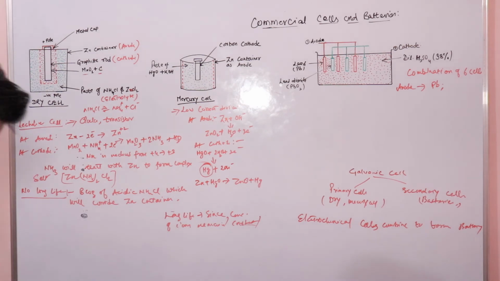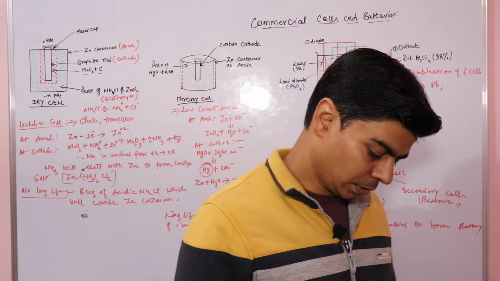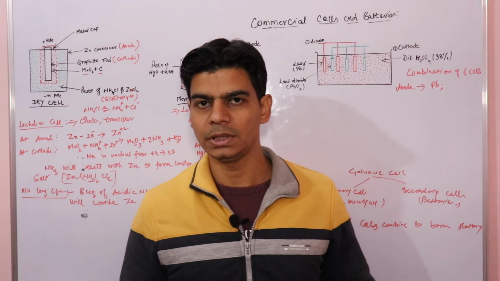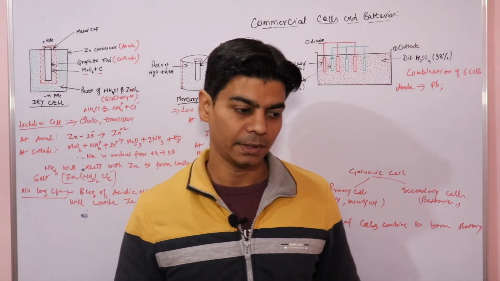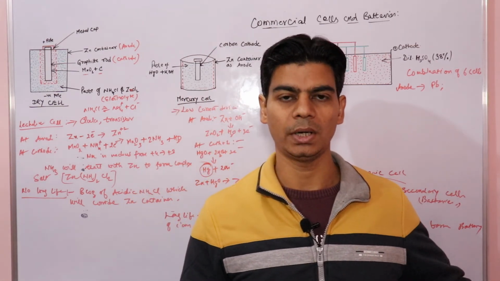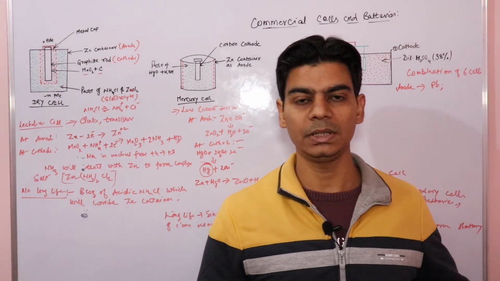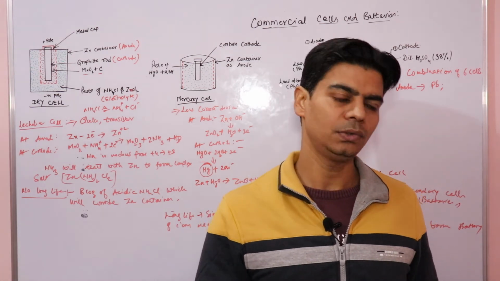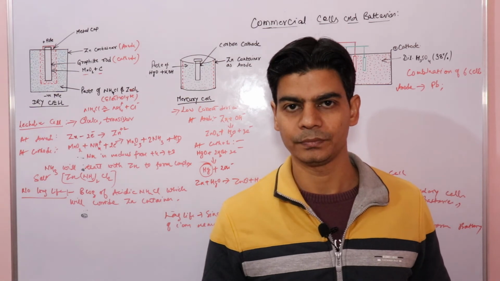Now we know that you can use a battery for quite a long time, and at one point, after say 1 year or maybe more, the battery gets discharged, and then you can recharge it again.